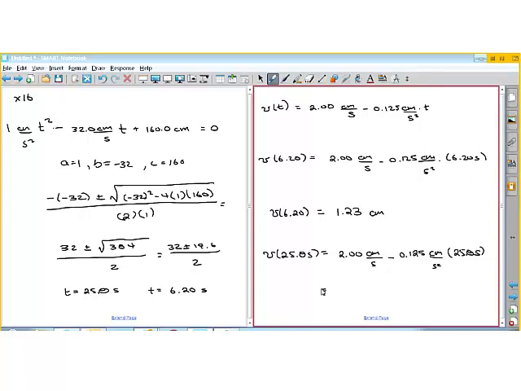So you get 2 minus 0.125 times 25.8, and you get negative 1.23 centimeters per second. So again, because of symmetry and constant acceleration, the velocity as it goes out is positive 1.23. When it comes back it is negative 1.23.